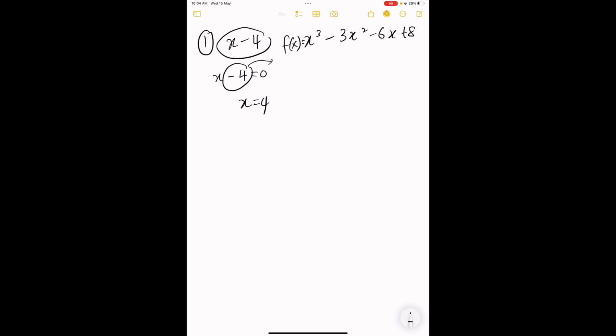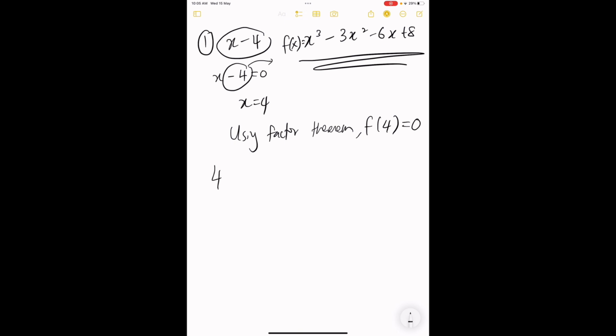Try to substitute using the factor theorem. If you substitute 4 inside the function, you will get 0. So from the function, put 4 inside x. From here you will get 0.